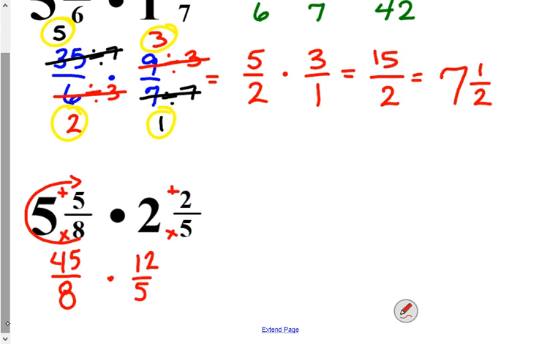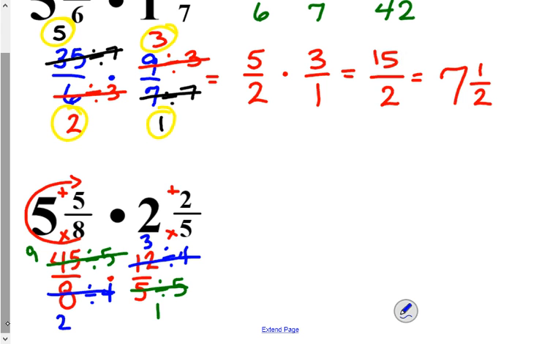Looking at this, I can divide 45 and 5 both by 5. So 45 divided by 5 is 9, and 5 divided by 5 is 1. I can divide 8 and 12 both by 4. So 12 divided by 4 is 3. 8 divided by 4 is 2.